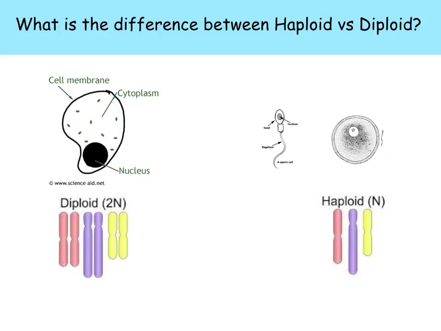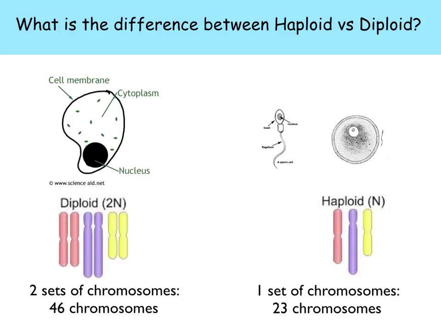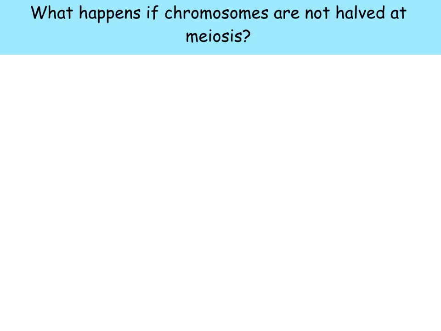So how many chromosomes are there in a diploid cell in a human? There are 46 chromosomes. What about in a haploid cell? There are 23 chromosomes. So what happens if chromosomes are not halved at meiosis?